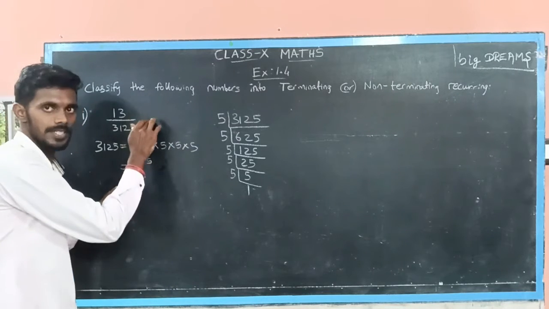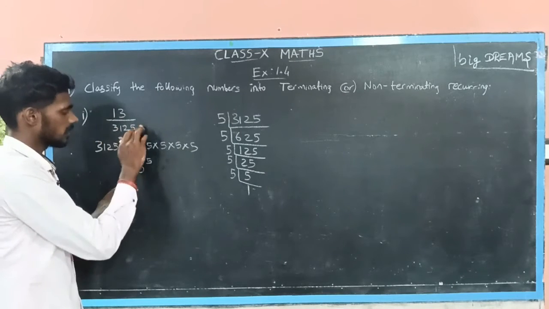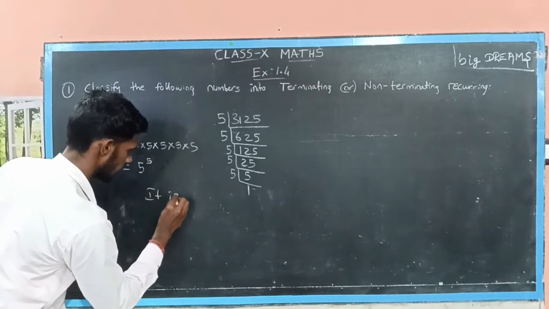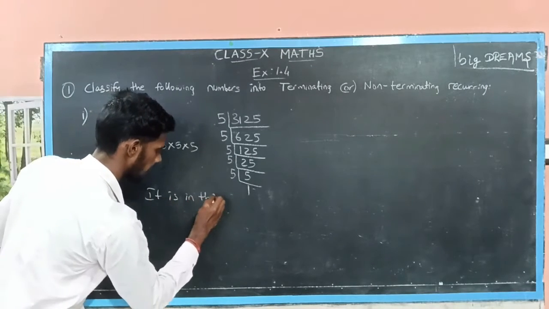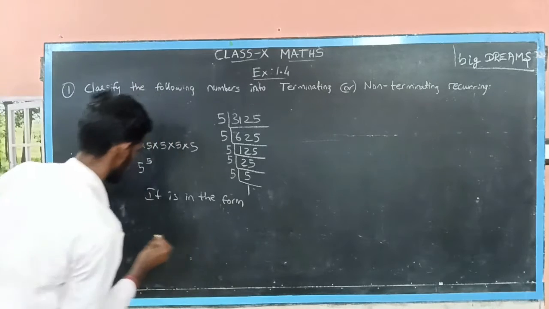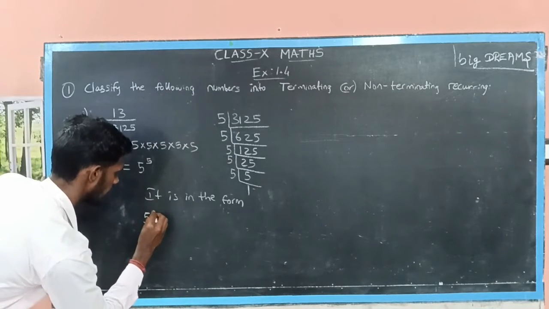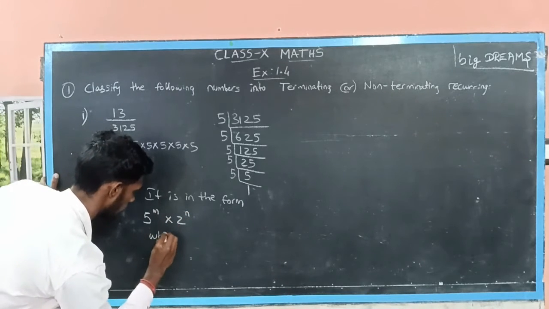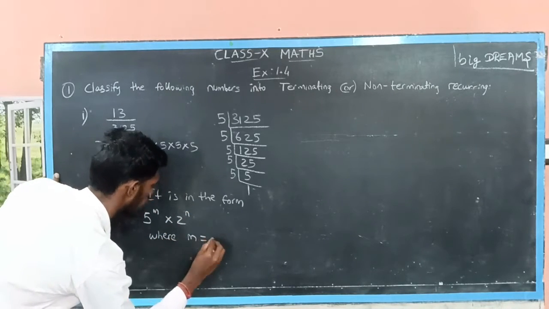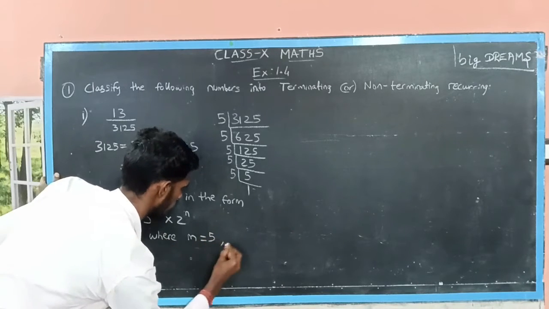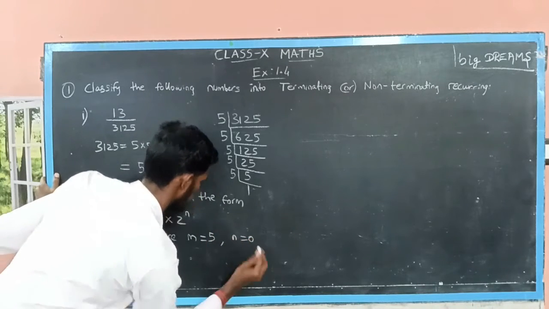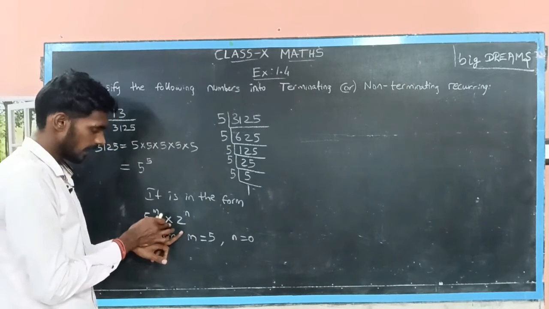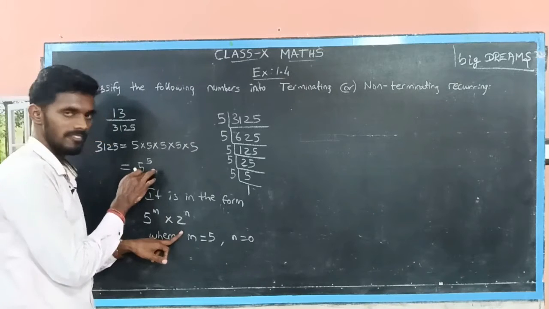So here in this question the denominator is in the form 5 power m into 2 power n, where m is equal to 5 and n is equal to 0, because 2 power 0 means 1, so 5 power 5 into 2 power 0 is 5 power 5.